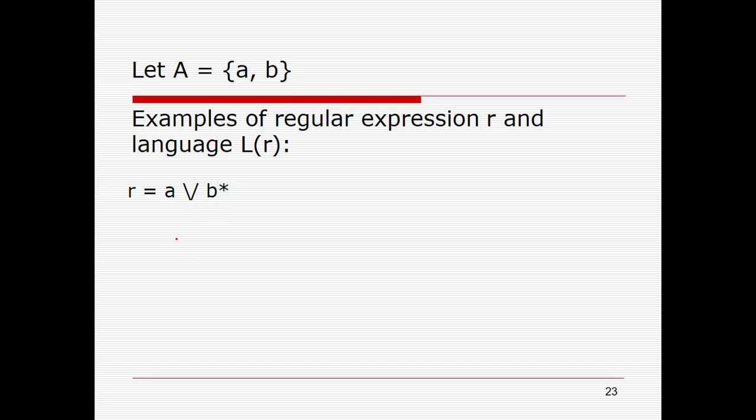Apparently I can have the word with only a, or a word with two b's, or three b's, or a word with no b's at all. So the language would be defined as the word a, lambda, and then words with only b's in there.